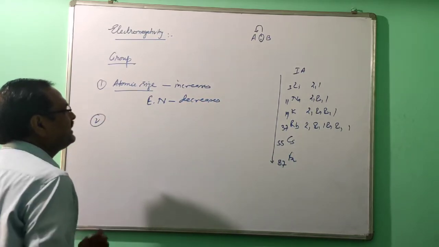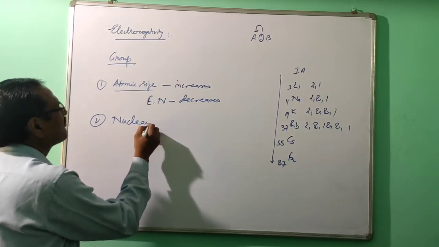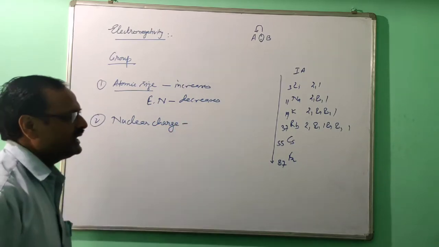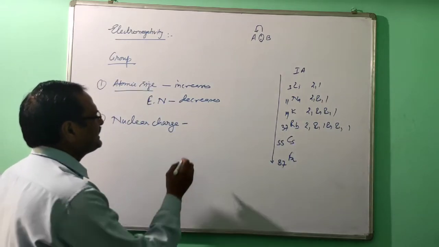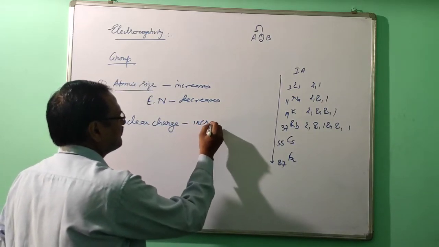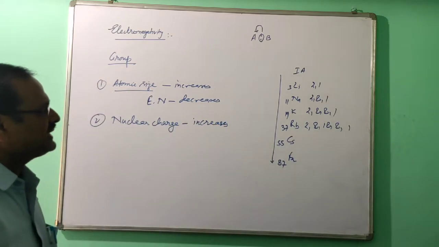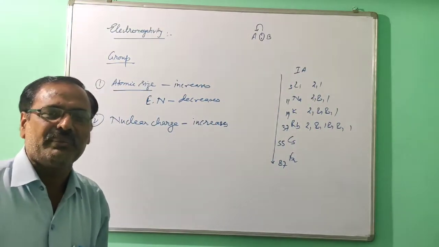Now the second point, that is nuclear charge. So when you move in a group from top to bottom, nuclear charge increases. So if the nuclear charge increases, this tendency to attract the shared pair of electrons will be more.